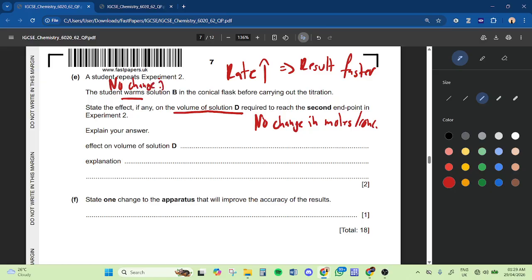No change. Actually, let me just draw the arrow over here. So no change in moles or concentration. So the effect on volume of solution B is going to be no change, and you're going to write moles or concentration unchanged. Very interesting question.